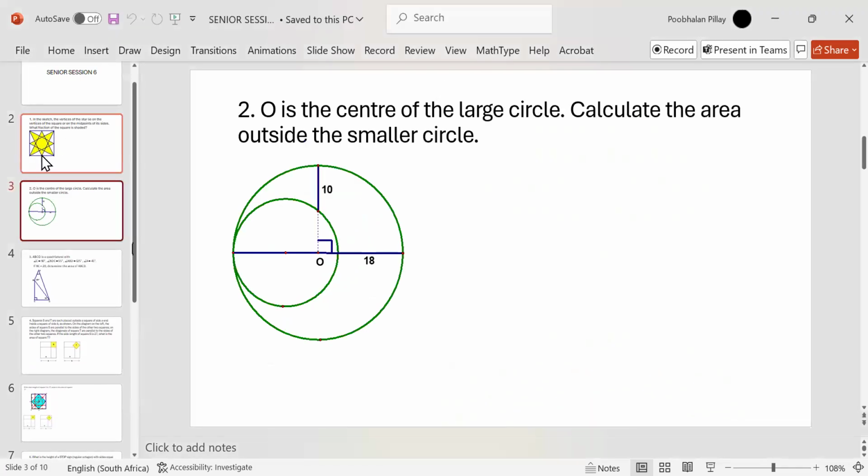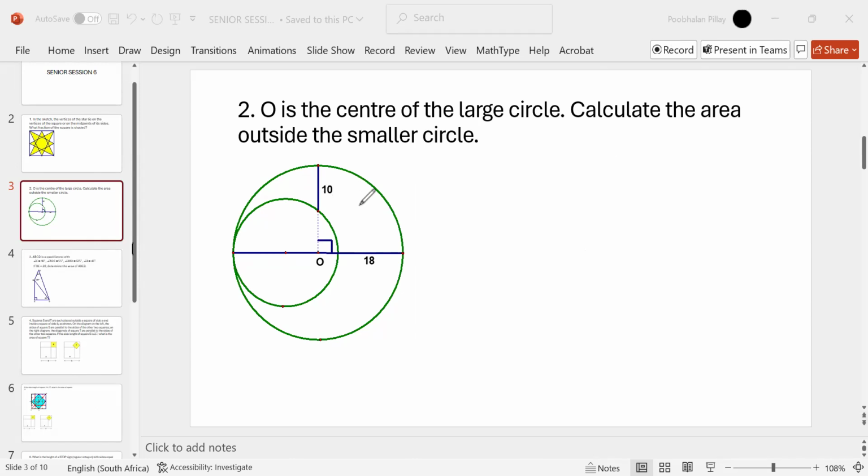Right. So this is problem number 2. Actually, it's problem number 4, because I've done 2 problems in addition to the first one. So we're now in problem number 4. We're given a large circle and O is the center of this large circle.